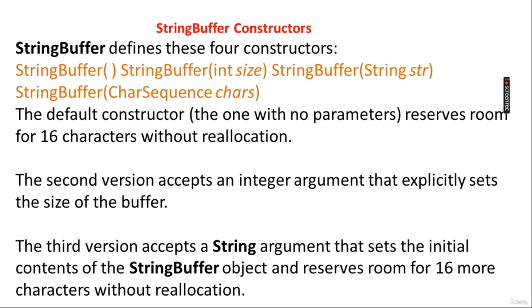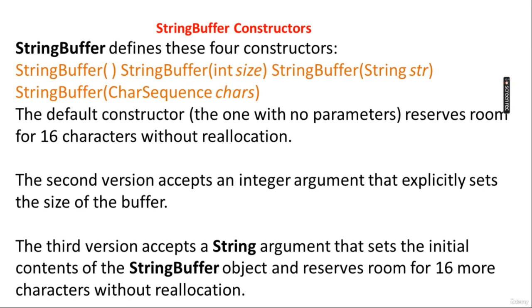String buffer constructors. Okay, so four constructors are there: string buffer default constructor, string buffer integer size, string buffer string, string buffer character sequence characters. The default constructor, the one with no parameters, reserves room for 16 characters without reallocation.